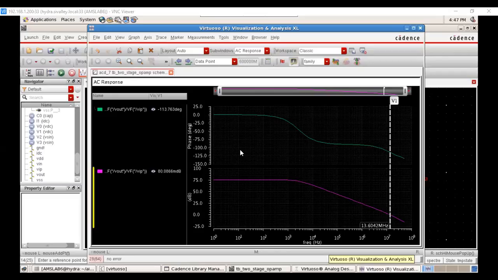Yes. So we are getting 75. So 75 means how much it will be in terms of magnitude? 75 dB means, is it 5000? Yeah, we are getting more than 5000 gain. Okay. 5623. Right, right.